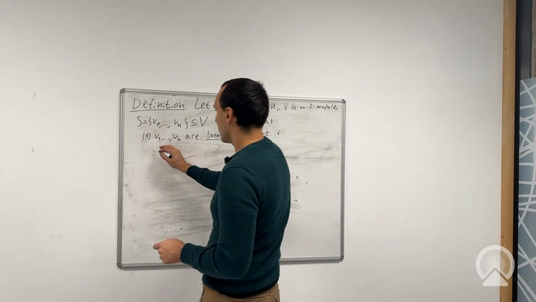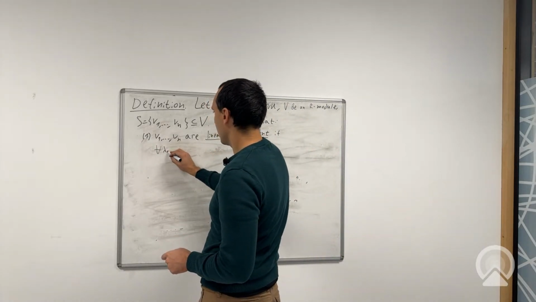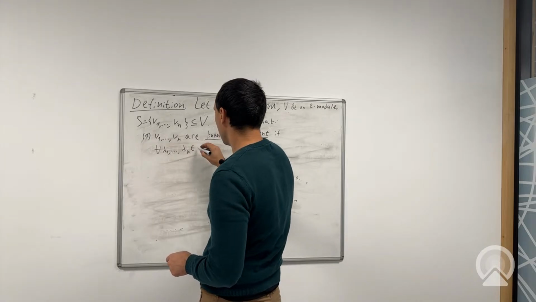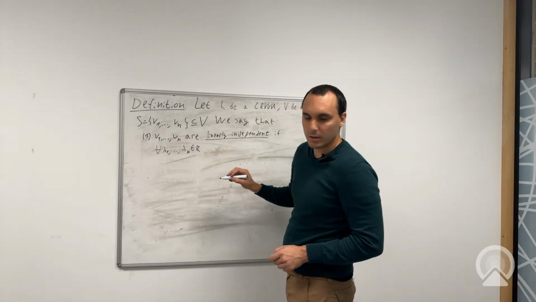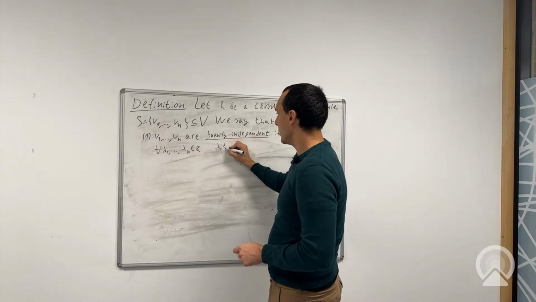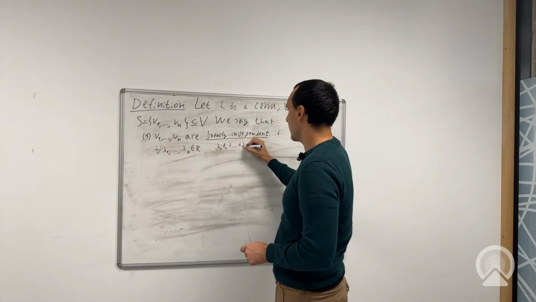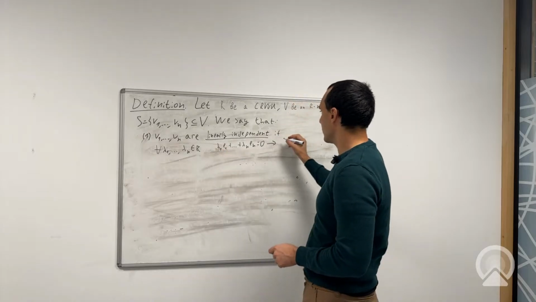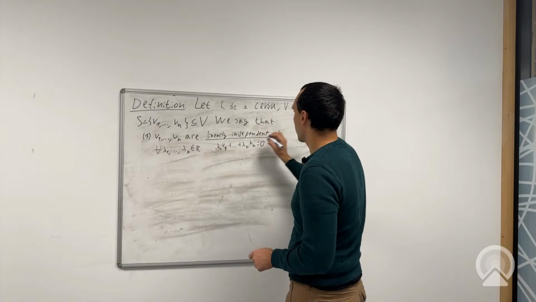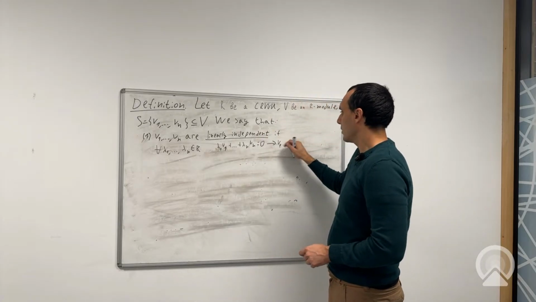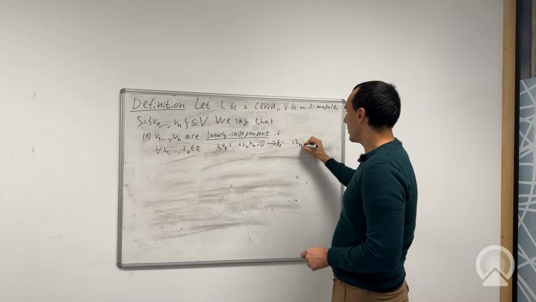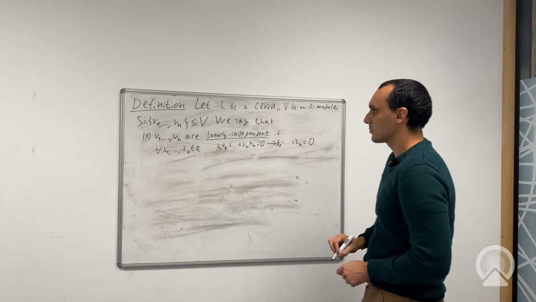This is written as follows. For any coefficients lambda 1 to lambda n in R, if lambda 1 v1 plus ... plus lambda n vn equals zero, then all of the coefficients lambda 1 to lambda n are zero.